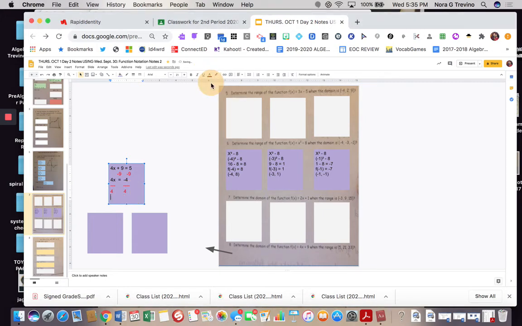If you divide 4x by 4, you get x equals -4 divided by 4 is -1.